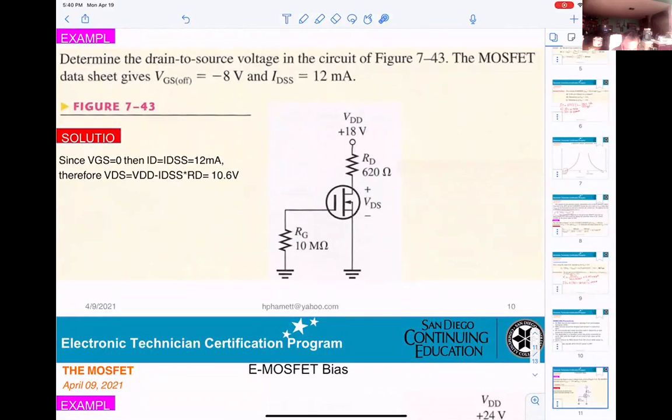Since VGS equals 0, then ID equals IDSS equals 12 milliamp. That means VGS equals 0. Therefore, VDS will be equal to VDD minus IDSS times RD.